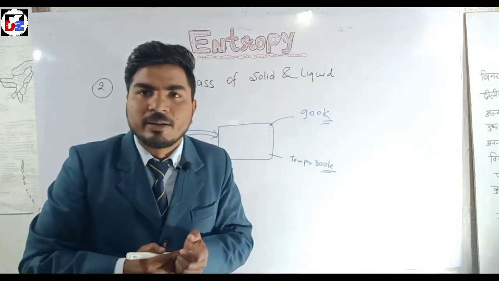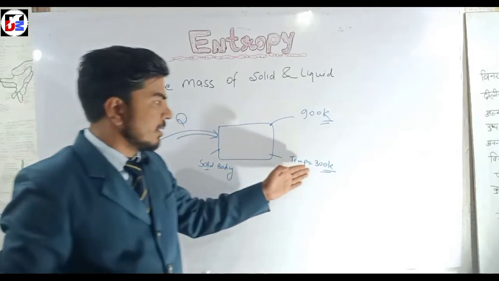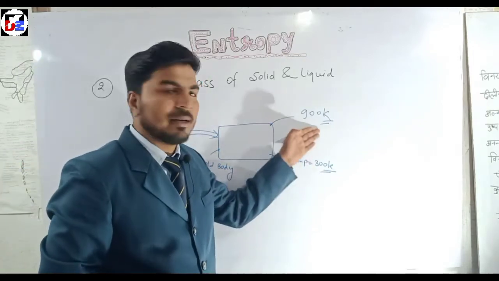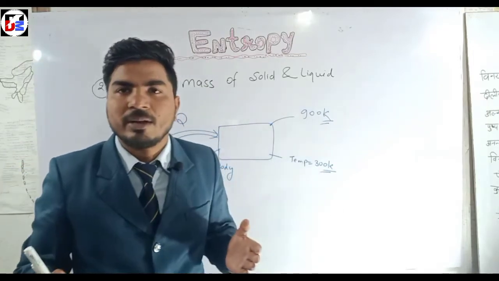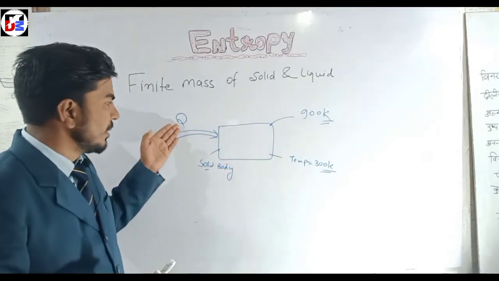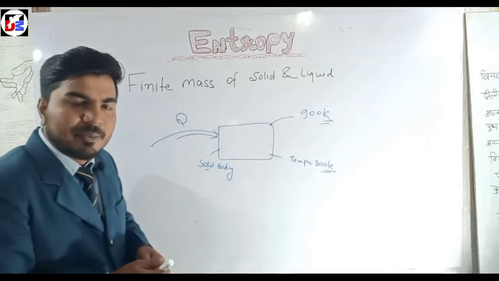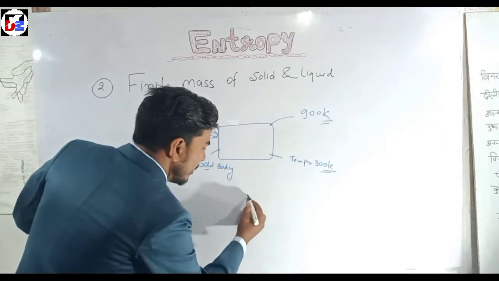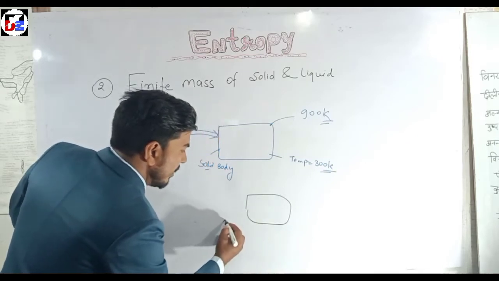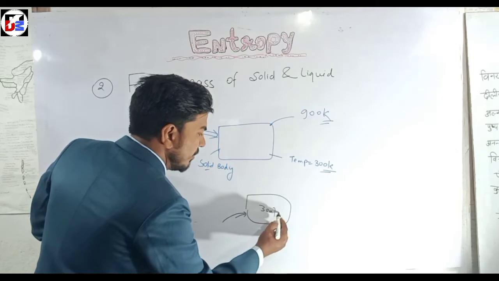Then I ask you, is the heat added at 300 Kelvin or 900 Kelvin? You have no answer. Why? Because it is not known which temperature is meant. Suppose we provide heat to this mass at 300 Kelvin.